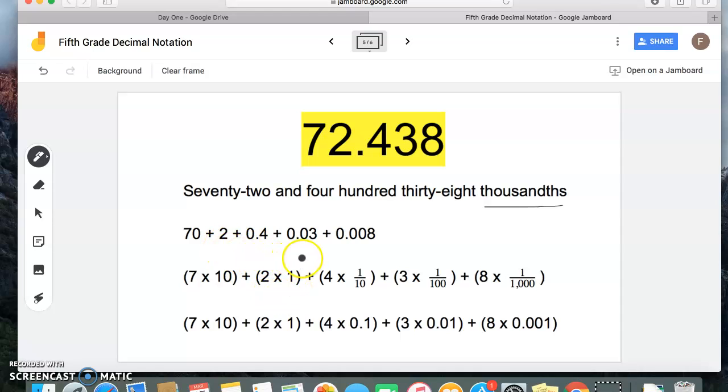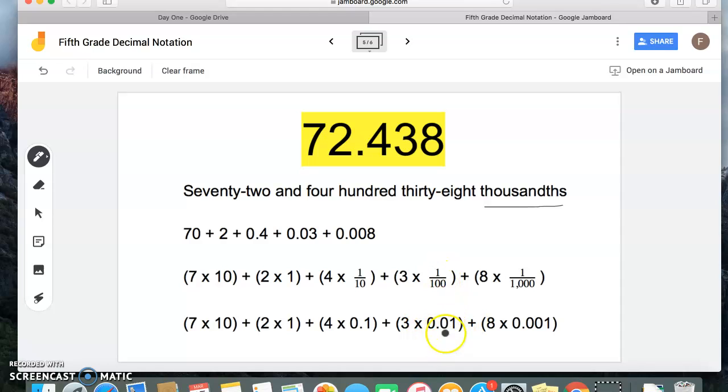Now I'm going to move to the right of my decimal point, and this is where it's the pieces of my whole representing the fraction or decimals that I have. The digit in my tenths place is a 4, giving me 4 times 1/10, which is also 4/10. Then I move to my hundredths place. Now notice I have 1/100 or 0.01. They are both correct.